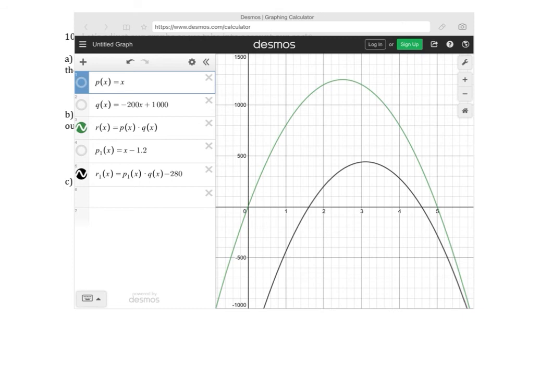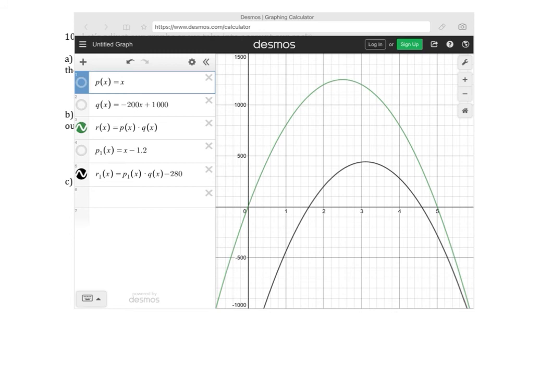And what this represents here is that if x is the amount that we're charging per cup, we no longer get to keep all of that because we have to spend $1.20 for each cup that we make. So if I, let's say, charge $4 per cup, I'm actually making a profit of not $4, but 4 minus $1.20, or in this case, $2.80.